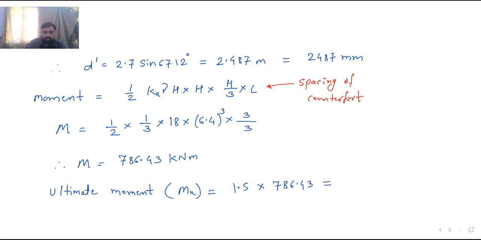To calculate this, let me know the answer of this value. I will wait.